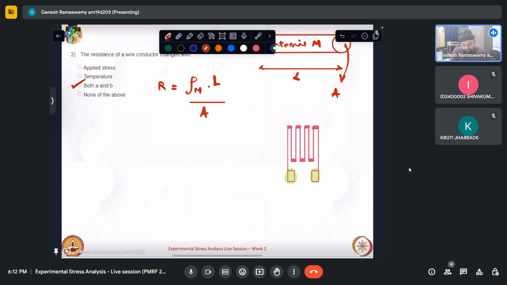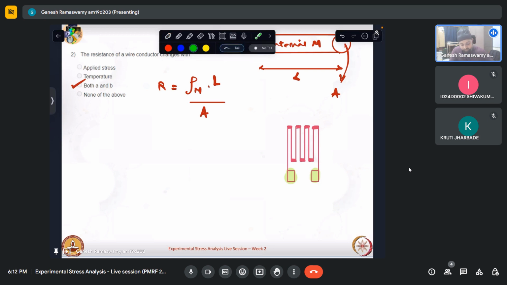However, due to temperature effects also, there will be some strain that will creep into my calculations. So I should be in a position to eliminate that so that I obtain the response only for the mechanical strain that I have induced. Because temperature stresses could be significant as well. And if that be the case, then that will throw off my results and my experiment will not be accurate.